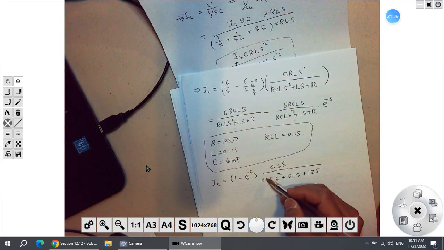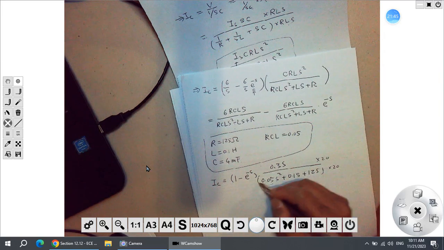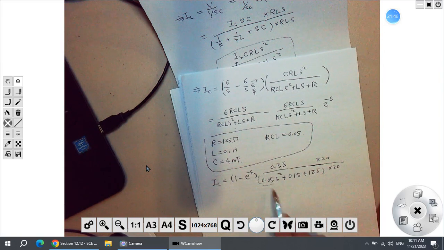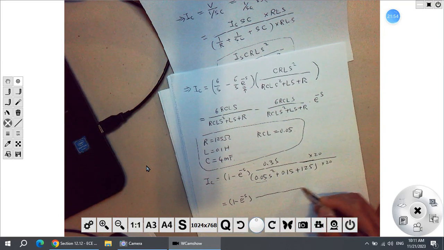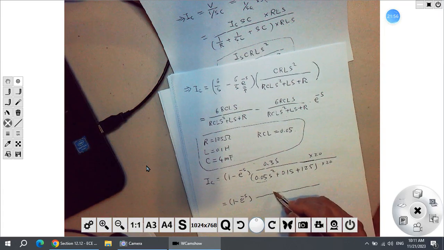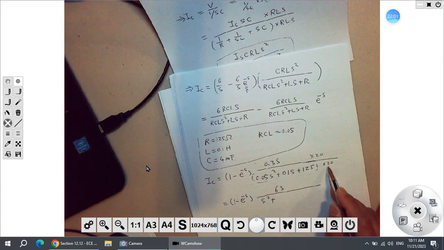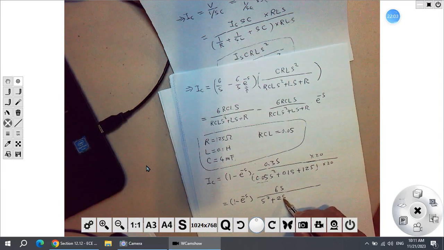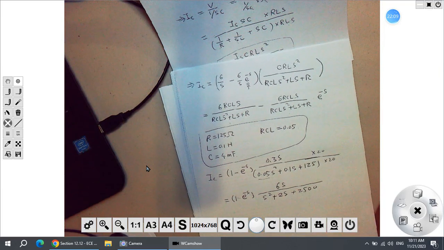Now we can change it to make the leading coefficient 1, so I times 20 on both numerator and denominator. So I get 1 minus e to negative s times 6 s over s squared plus, times 20, 2 s, and times 20, this is 2500. Oh, it's a large number. Okay.